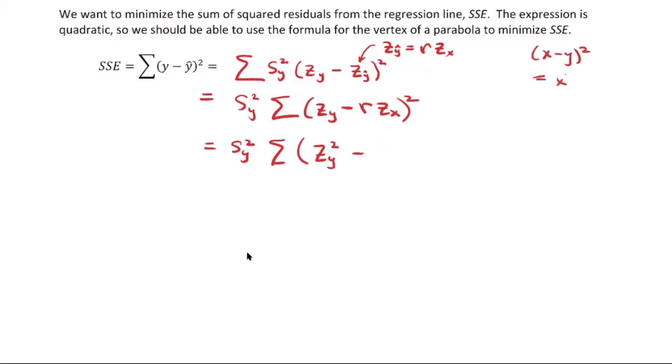It's x squared minus 2xy plus y squared. So that's an algebra thing. So here I have to do minus 2 times zy, or there's an r actually, and then we'll say zx zy, like that. And then plus the square of the second thing, this would be an r squared zx squared, like that.